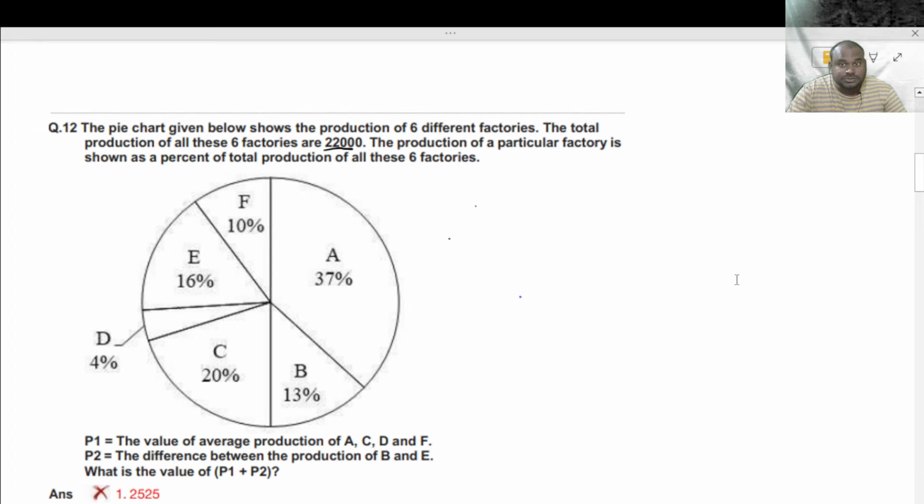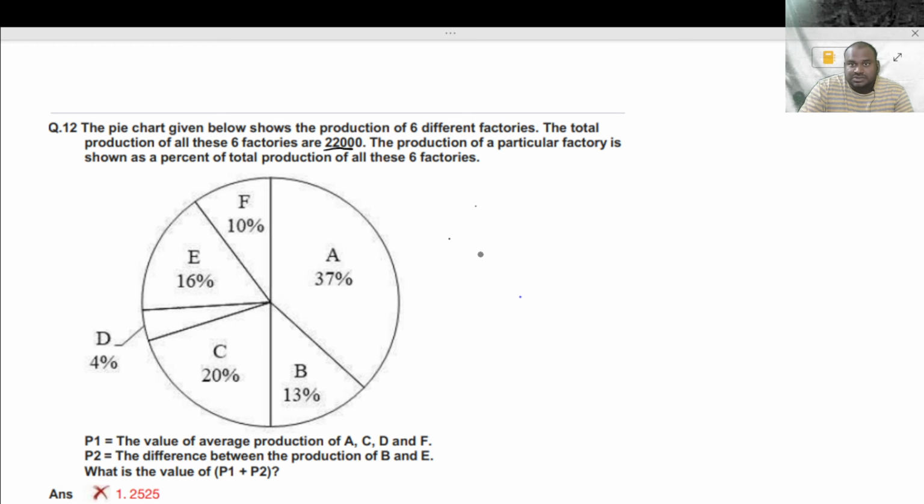The production of a particular factory is shown as a percentage of the total production of all these six factories. It is given in terms of percentages. All the factories' production is given in terms of percentages. Now, using these percentages, you have to find the average production of A, C, D, and F.